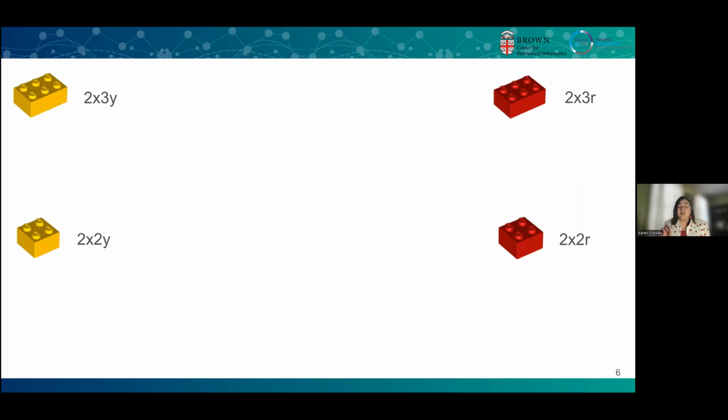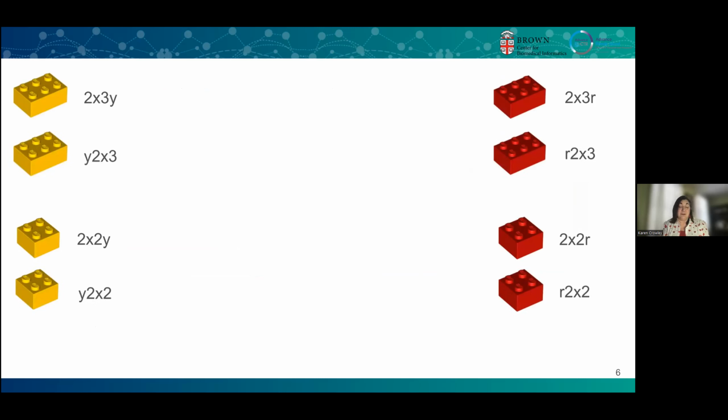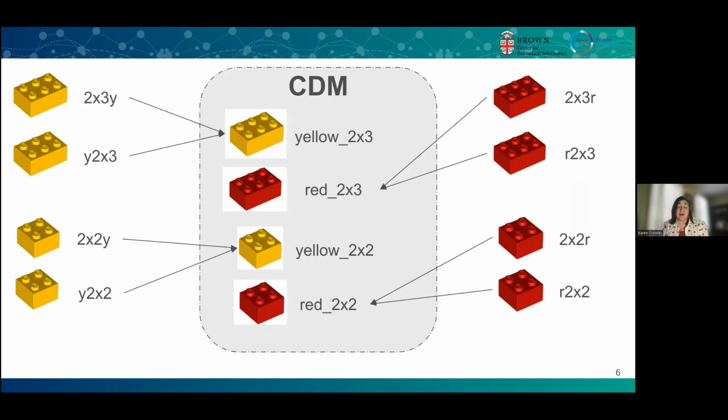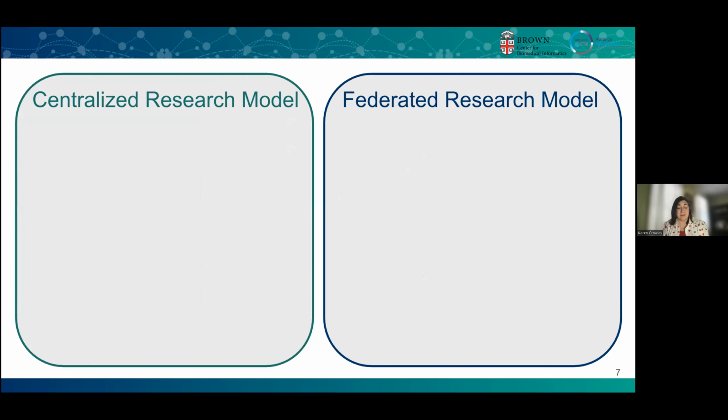So in an extremely simplistic example, coded terms from our first terminology are brought together with terms from our second terminology and then harmonized to the common data model's structure and given a new code. Use of a common data model can facilitate both a centralized and a federated research model.